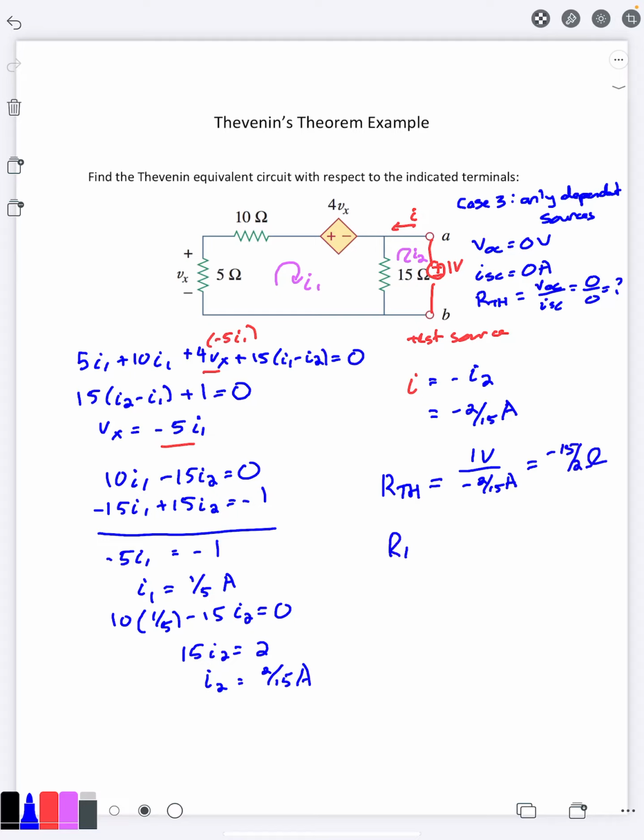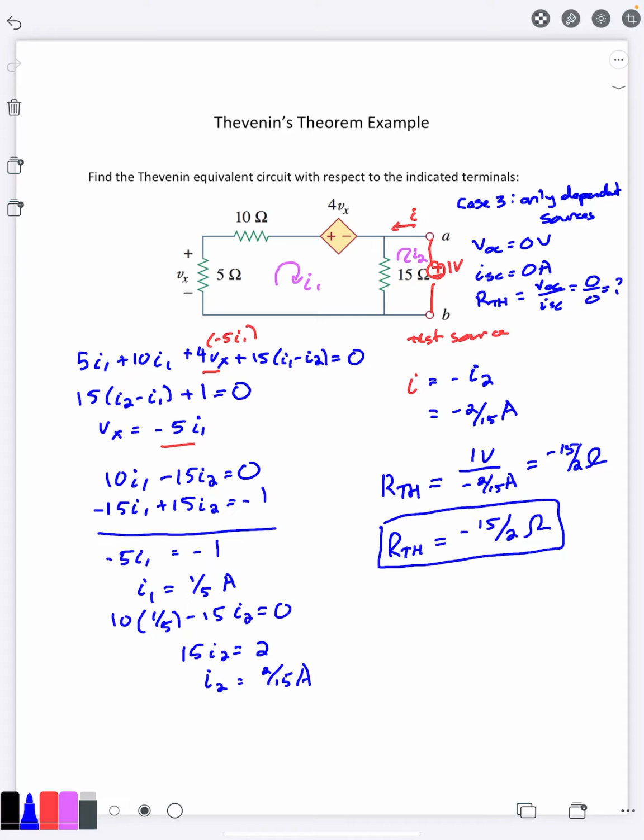So our R Thevenin here, this is a weird case that can happen anytime you have dependent sources, where you could end up having a negative R Thevenin. That is possible. Basically what it's saying is your dependent sources are forcing things to go in the wrong direction from what you'd expect to happen.